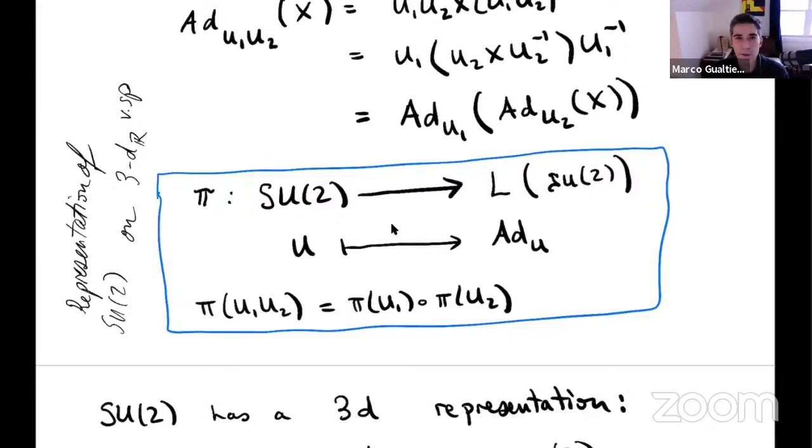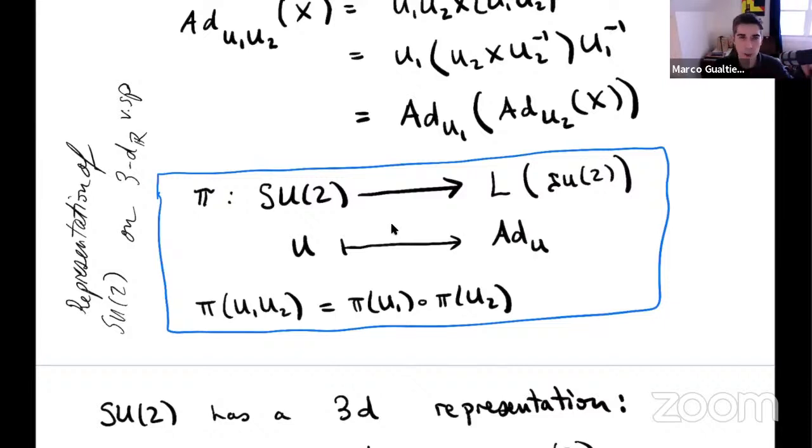Okay, notice that this is very different from the usual representation of SU2. Normally, SU2 is 2x2 matrices with complex coefficients, so it acts on C2. The matrix just multiplies against a column vector. So this is now the second representation that we have from SU2.